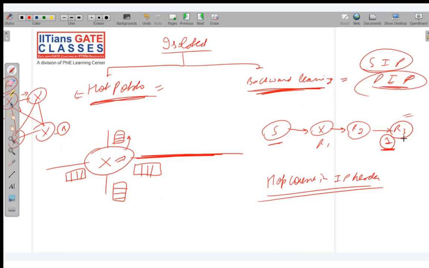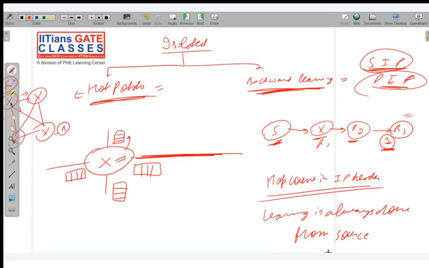The destination might be the same, but the sources are different. Learning is always done from the source. You should know this fact. This is the basic fact here.